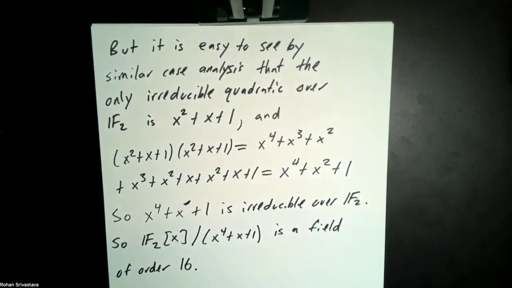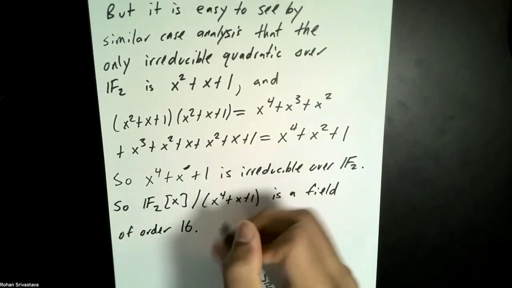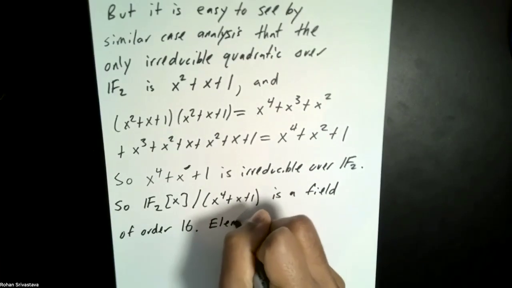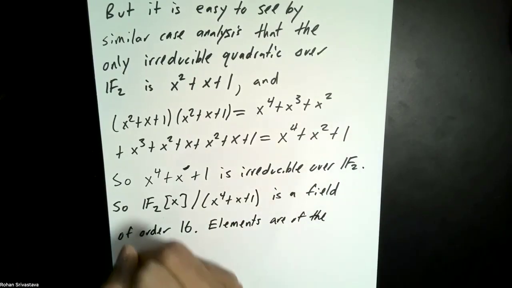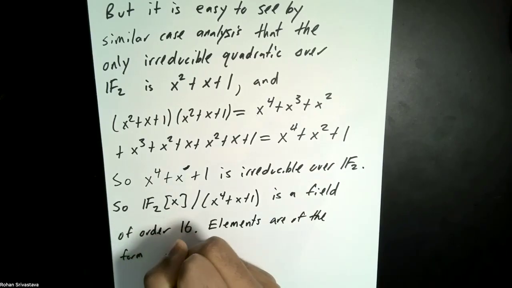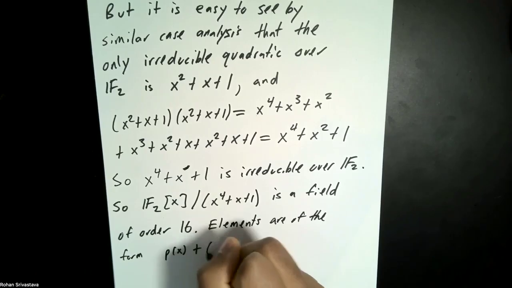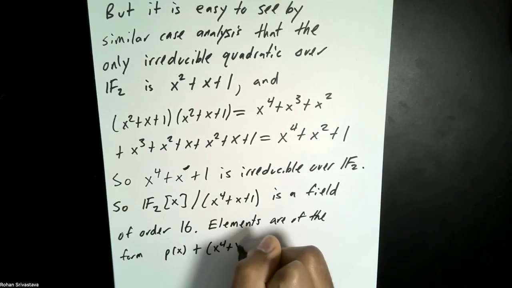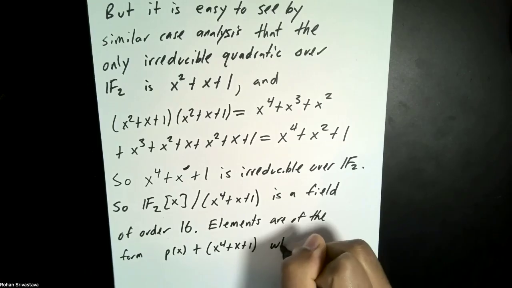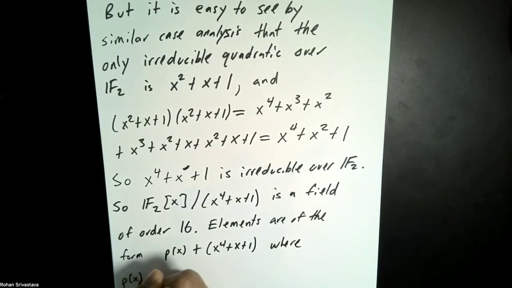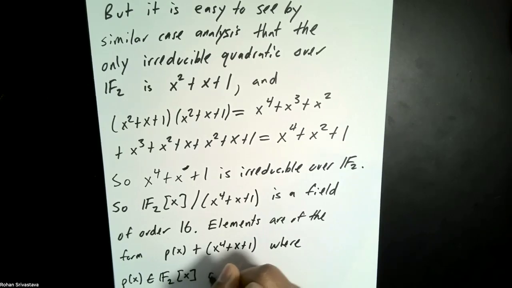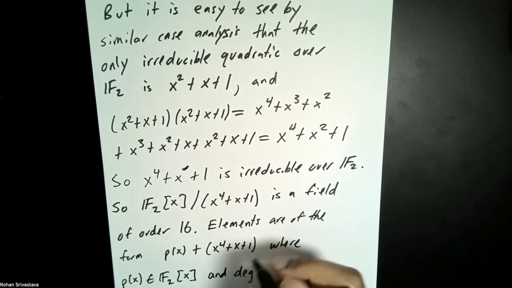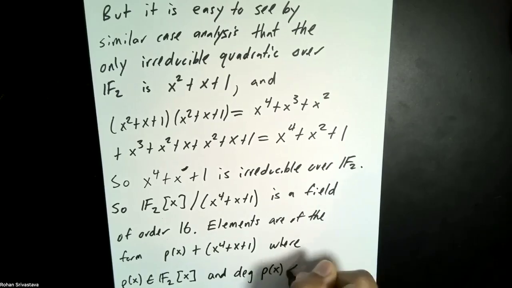And since our goal was to be more explicit with the elements, let's just say that the elements are of the form p of x plus the ideal generated by x to the fourth plus x plus 1, where p of x is in F2[x], and the degree of p of x is strictly less than 4.